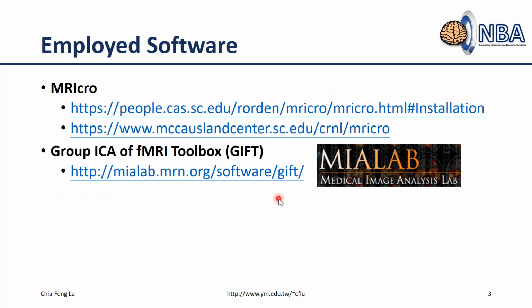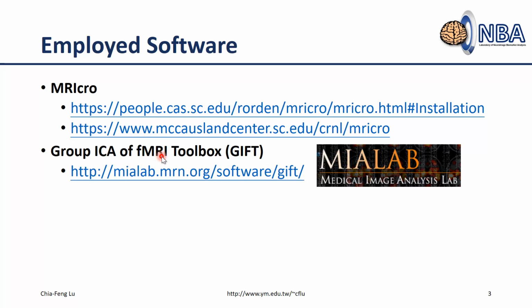And today we are going to use another toolbox called GIFT. The full name is Group ICA of fMRI Toolbox, with the first letter of each term. So GIFT in short. The GIFT toolbox is a MATLAB toolbox that can help you use a user-friendly GUI to perform so-called group ICA analysis based on fMRI data.